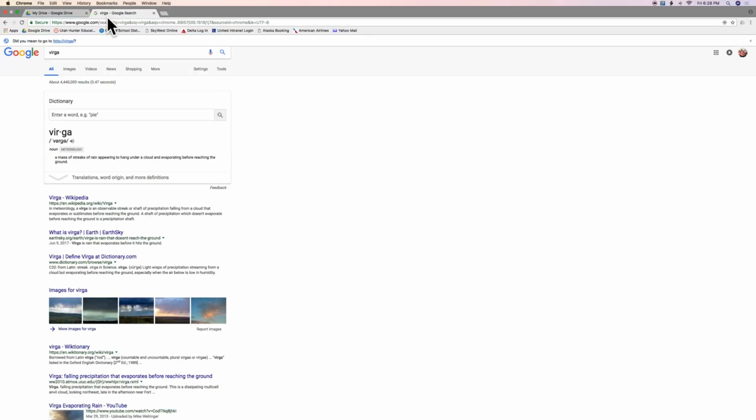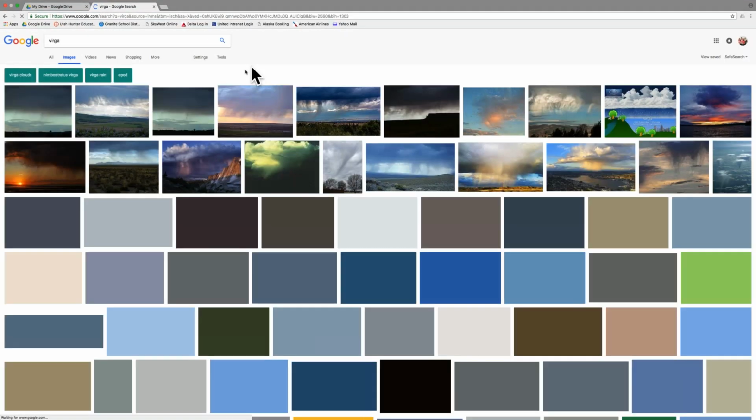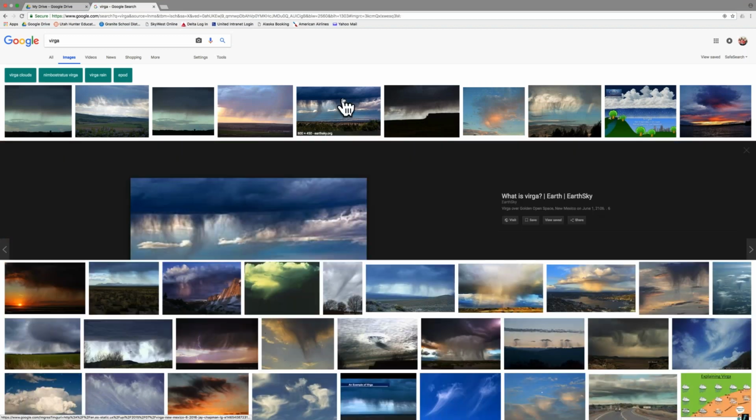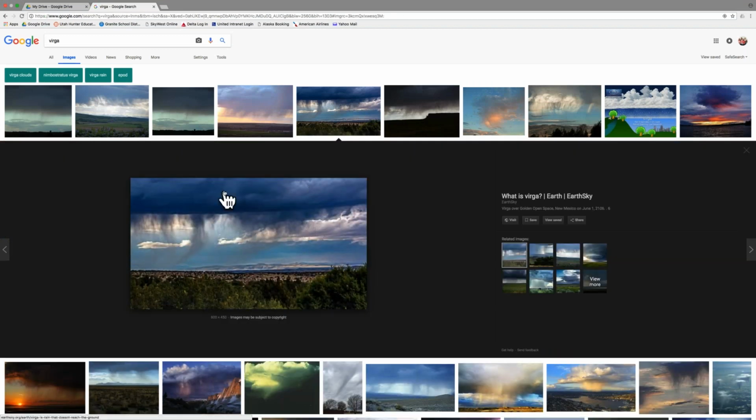So virga, be careful how you spell virga. Virga is these little tails of clouds that are descending from the base of those cumulonimbus clouds.